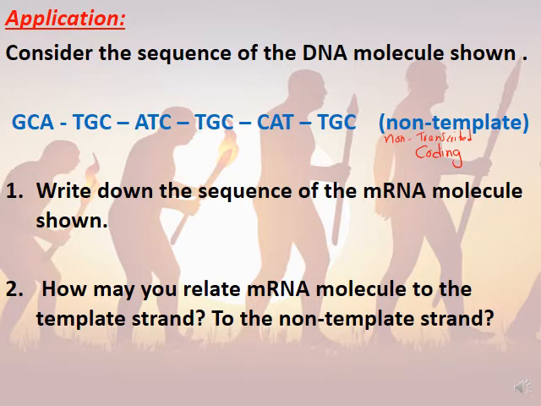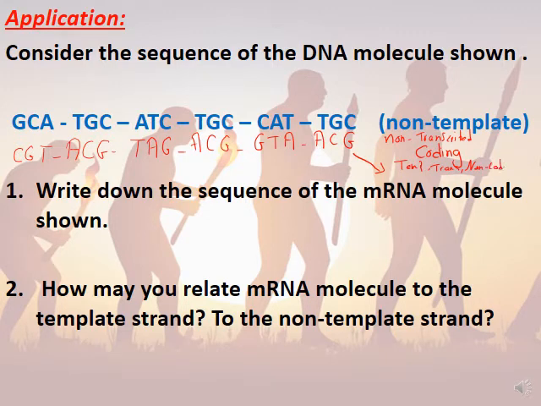So the complementary of G is C. Complementary of C is G. Complementary of A is T. Complementary of T is A. Complementary of G is C. Complementary of C is G. Complementary of A is T, T is A, C is G, T is A, G is C, C is G, C is G, A is T, T is A, T is A, G is C, and C is G. So this sequence here is called the template, the transcribed, and also the non-coding.